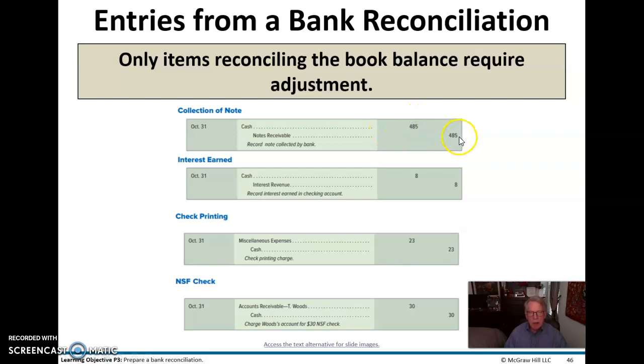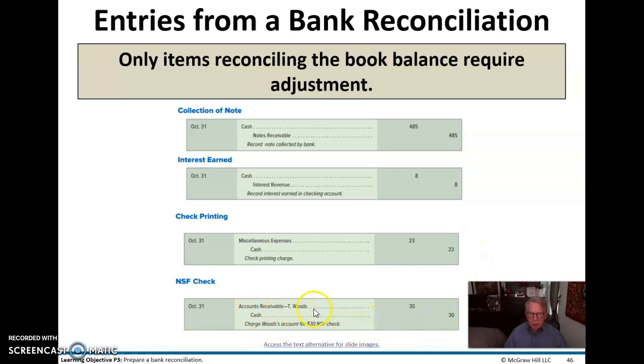We credited the notes receivable to wash it off the balance sheet. And then here we've earned some interest, so we had some interest revenue on the income statement, the debit to cash again. But we had $23 worth of printing charges. We subtracted cash in this case and charged it to miscellaneous expense.